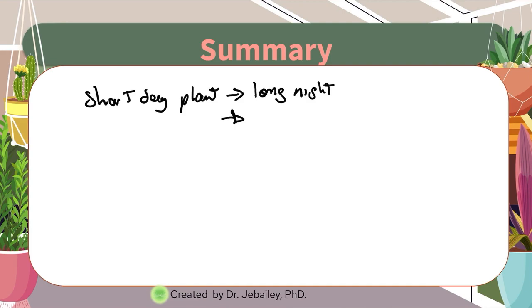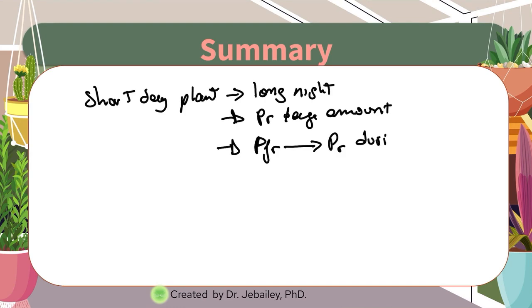That means that they want to keep it as PR. So let me keep it here. They want to have a large amount of PR. So that means they want all the PFR to be converted to PR during the night. That's why it's the long night.